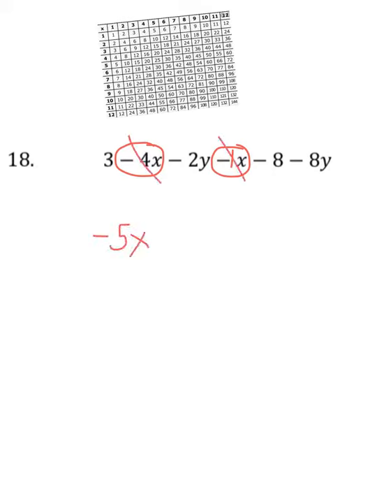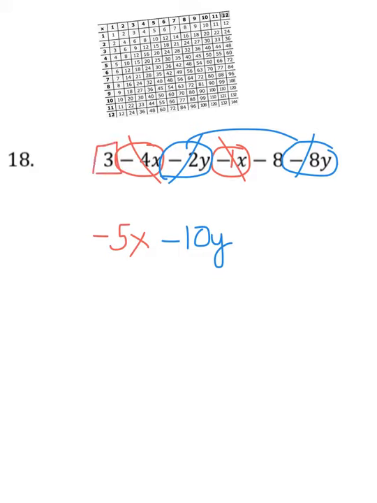Done with that. Negative 2y, negative 8y, that's negative and more negative, gives me a negative 10y. Done with that. Positive 3, negative 8. 3 minus 8, negative 5.